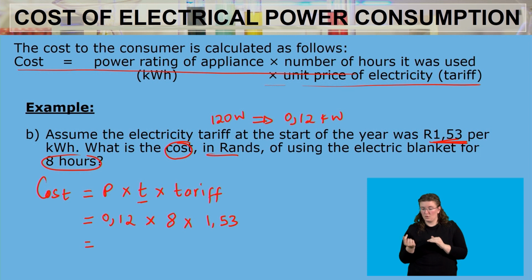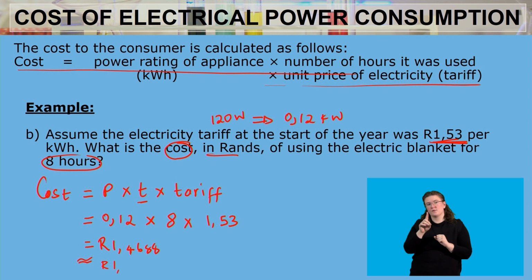When you punch that into a calculator, 0.12 multiplied by 8 multiplied by 1.53, we get the cost in rands. Remember, you must always include the units. It's R1.4688, which we can round off to approximately R1.47 if we are rounding off to 2 decimal places.